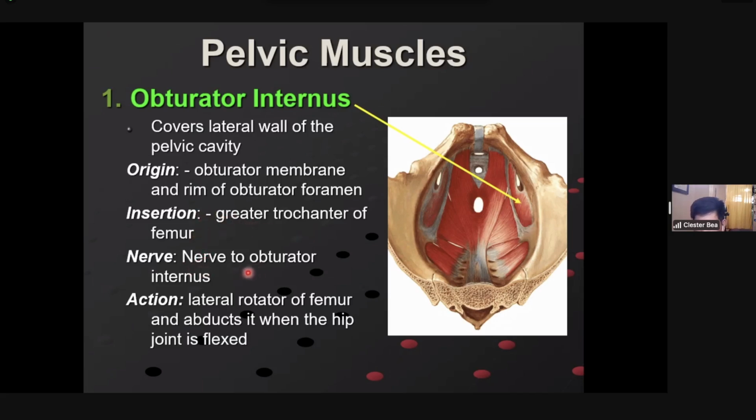The nerve innervation is the nerve to the obturator internus, and its action is on the lower extremity. This muscle forms part of the pelvic wall, but its action is on the lower extremity. It is a lateral rotator of the femur and an abductor of the femur when the hip is flexed.